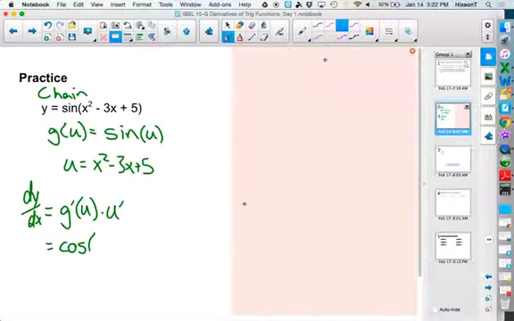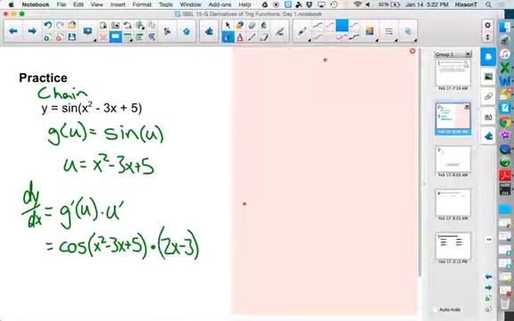So it's still the cosine of x squared minus 3x plus 5. U is still there. Then we're going to multiply by 2x minus 3.